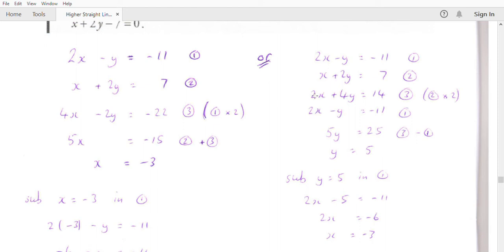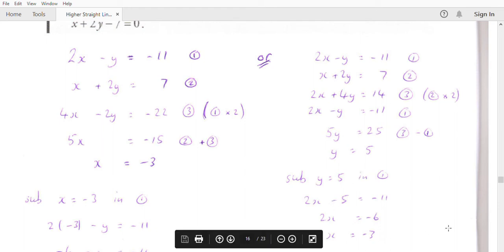So I'll need to subtract this time because 2x minus 2x equals 0. So I'm going to do equation 3 subtract equation 1. 4y minus y becomes 5y. 14 subtract negative 11 becomes 25, so y equals 5. Substitute back into equation 1. Rearrange and x equals negative 3.